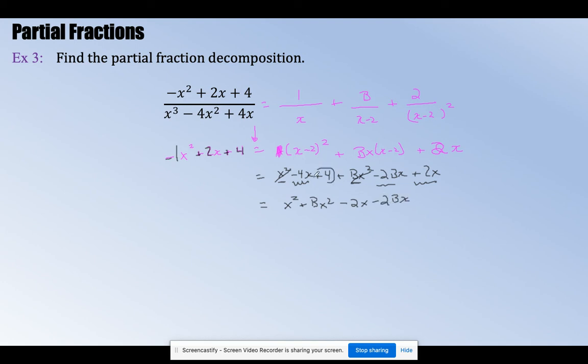And then I just have the plus 4. Now remember what that's equal to. Oh, hey, you know what else I'm going to do? Factor by grouping. See what's going on there?